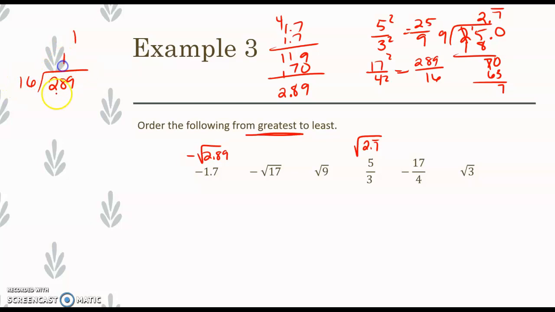16 goes into 28 once. And so 16, 8 minus 6 is 2. 2 minus 1 is 1. So now we're doing 129. So 16 times 5, I'd start with 5 because then that lets me know which way I need to go. 16 times 5 is 80, so I need to go larger than that. 16 times 7 is 112.